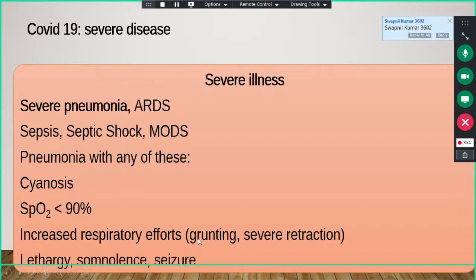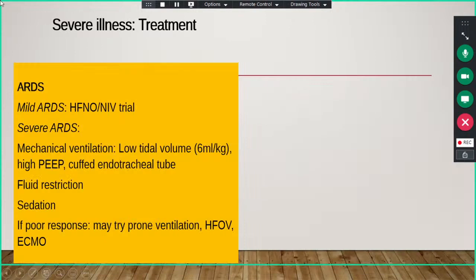Specifically in children and infants, there is a grunting or severe retraction. Person is lethargic, there is a somnolence or seizure. Any of these things are there with a background diagnosis of COVID-19 infection. This is categorized as severe illness, and these patients require hospitalization in intensive care in a COVID hospital.